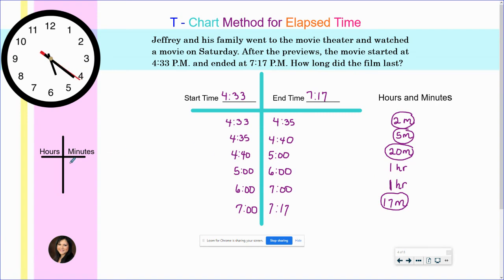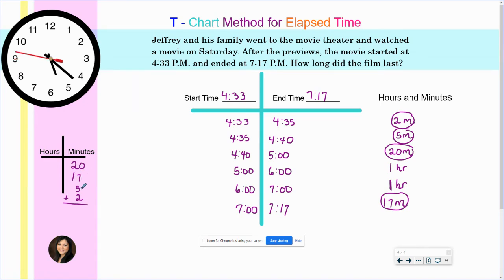I like to place my minutes in order when I add: 20 minutes plus 17 minutes plus 5 minutes plus 2 minutes. 1, 2, 3, 4. 1, 2, 3, 4. I have my times recorded correctly. So now I'm ready to add.